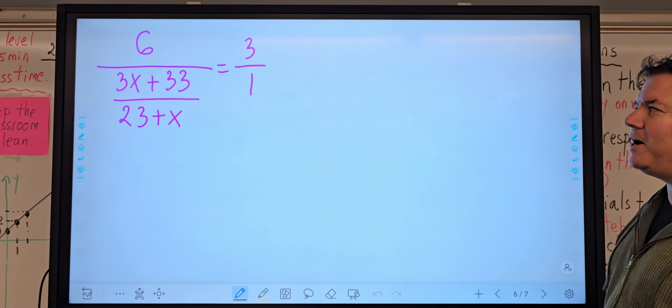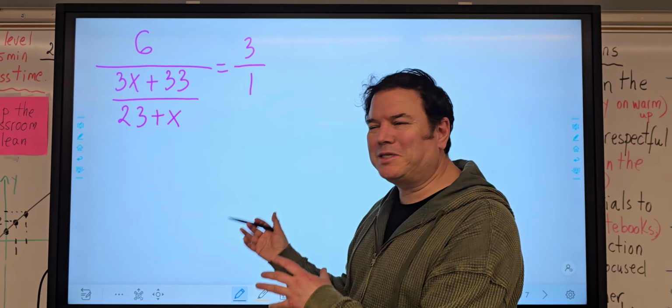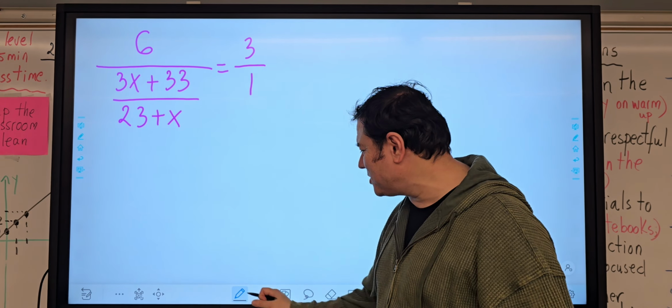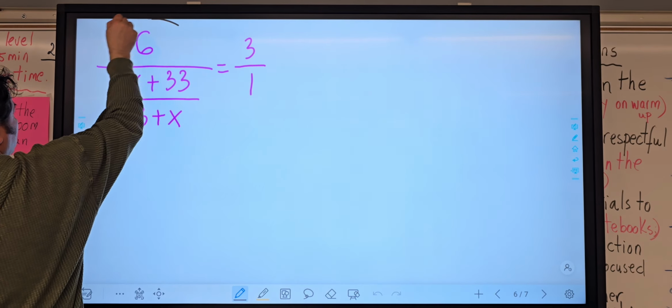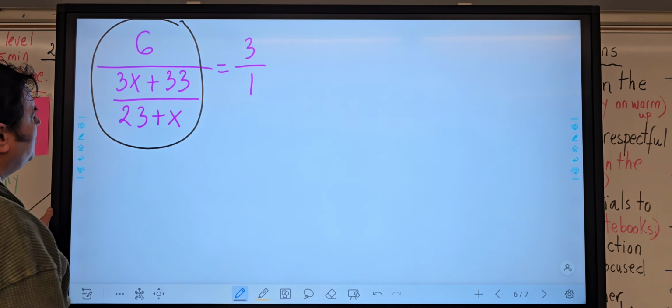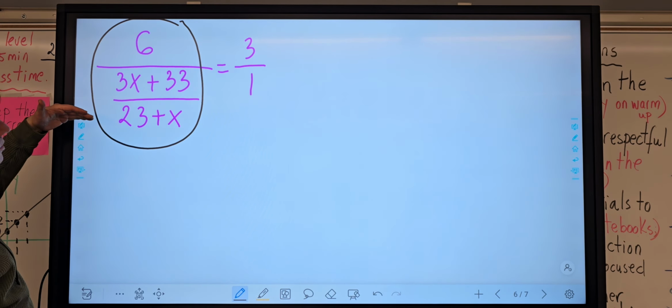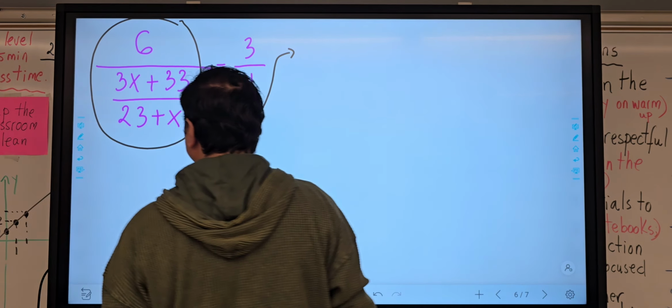Now we are right here and we are getting a smaller equation. There are so many steps, but we are getting closer to the answer. Okay, let's see what we are going to do here. So now we are going to do a little division here. We're going to divide 6 by 3x plus 33 over 23 plus x. Let's write smaller.